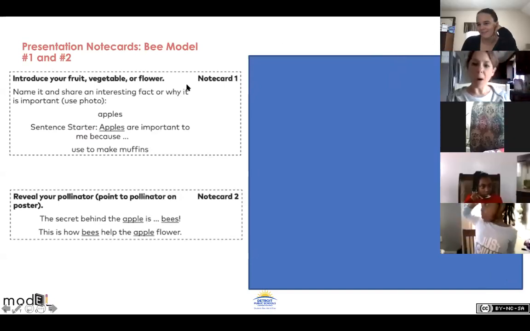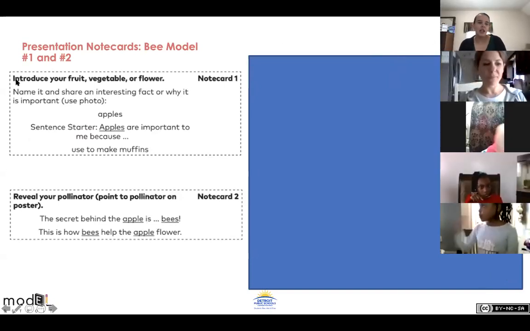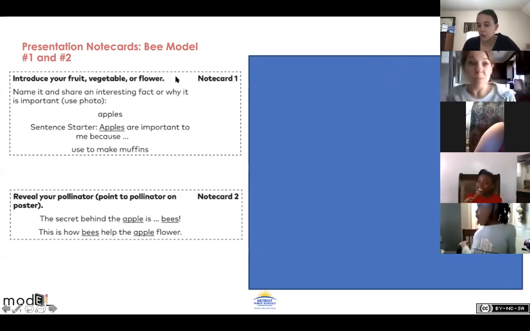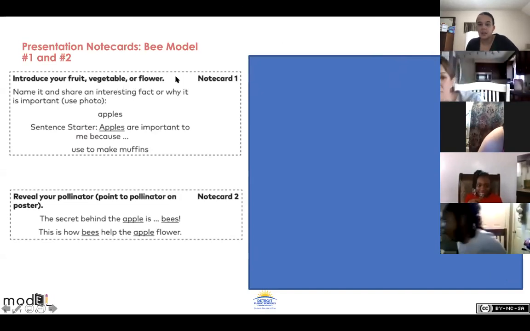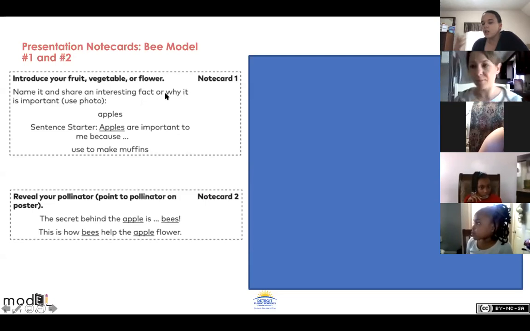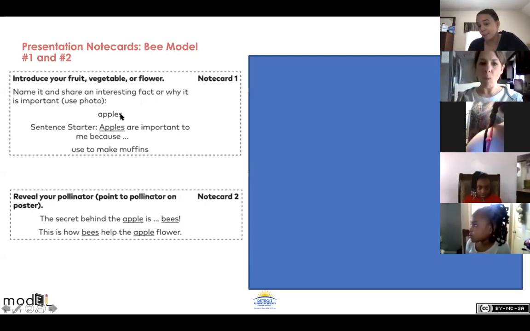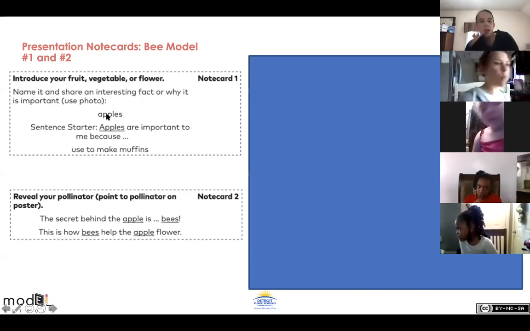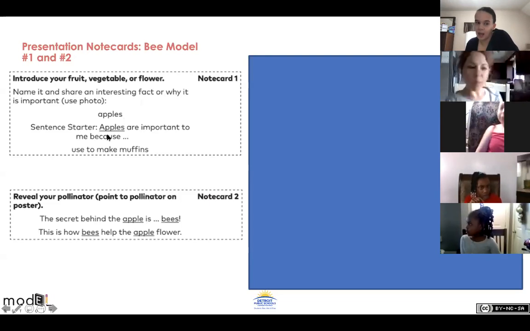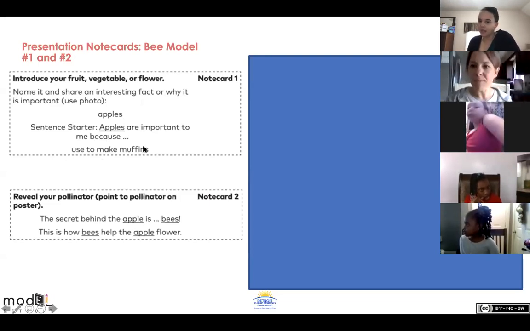You need to stay. Okay, so first you're going to introduce your fruit, your vegetable, or your flower, whatever it is that you're talking about that pollinators help make. You're going to name it and you're going to share an interesting fact or share why it's important to you. So if I'm going to talk about apples, because I really like apples, I might say something like, apples are important to me because I use them to make apple muffins.